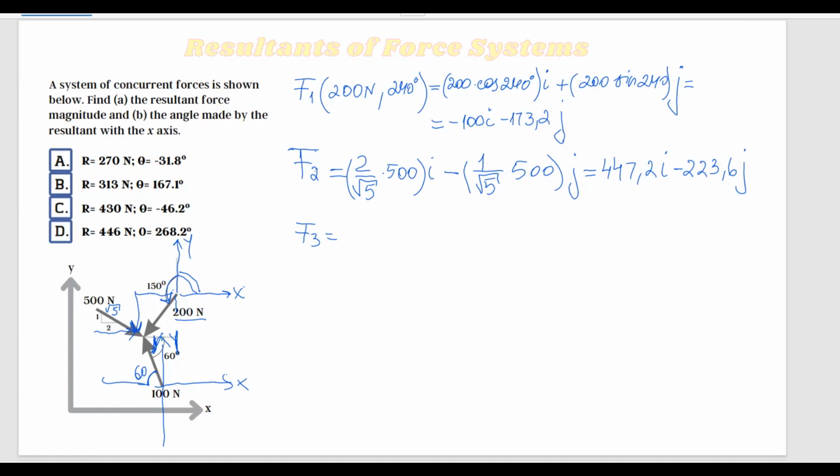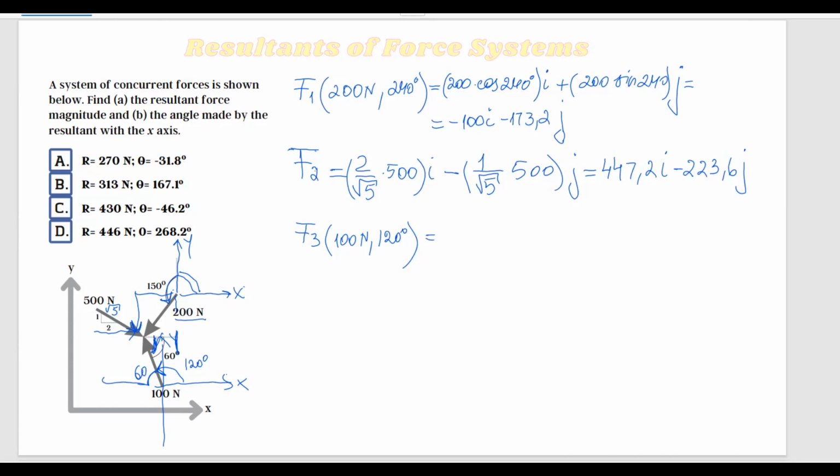The angle we're going to use is the angle made by the x-axis and the force. So this angle right here is 180 minus 60, which means the angle is 120 degrees. So the force is made by 100 newtons and a 120 degree angle.